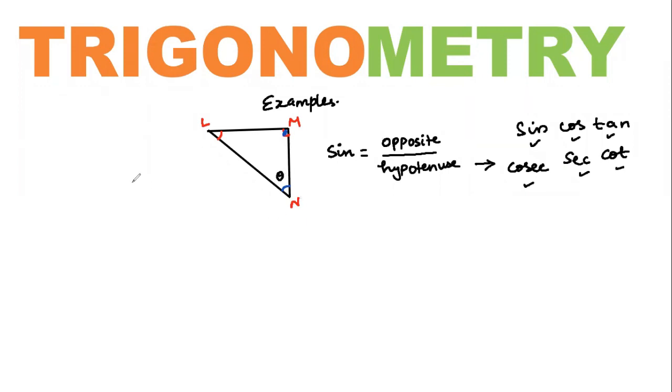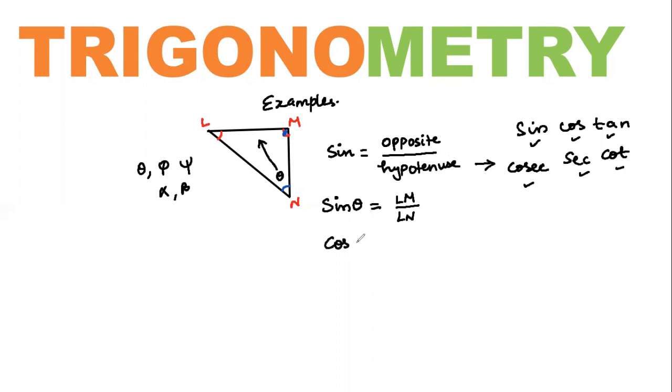You can refer to the angle with various letters, that is theta, phi, psi, alpha, beta, etc. Now angle N is referred to as theta, and we are going to write the value of sine theta. Sine is opposite upon hypotenuse. Now, what is opposite to this angle of reference? LM, so it will be LM upon LN.